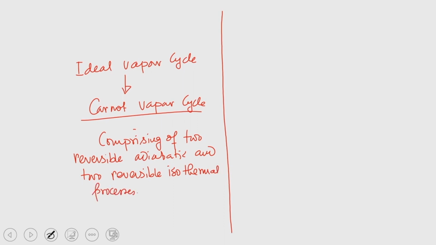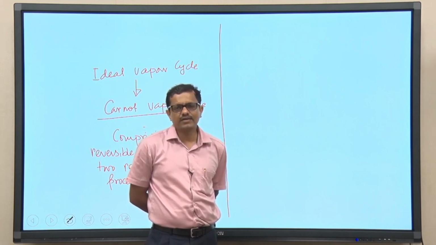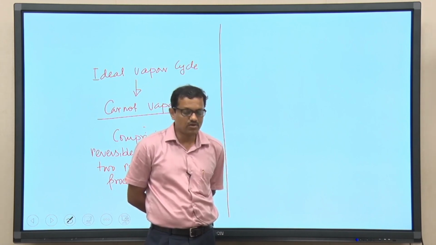We shall be discussing this particular cycle, but as I have mentioned just now, we shall be discussing a few thermodynamic aspects before we go to discuss this. What are those?